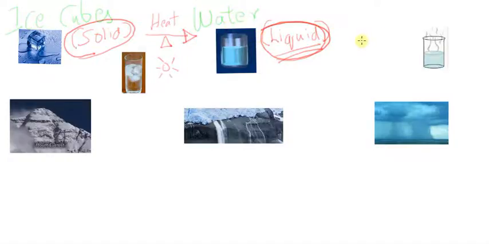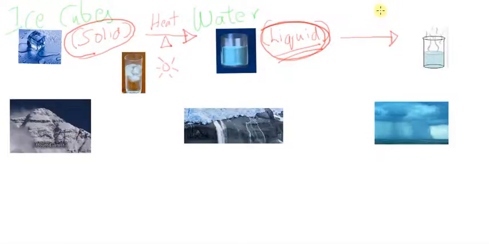Now, if it's a really hot sunny day and you are on the outside patio of the restaurant, then this water will now get converted into water vapor, right? So, water vapor is also called steam. And the water vapor, steam, is known as the gas form. That's correct.